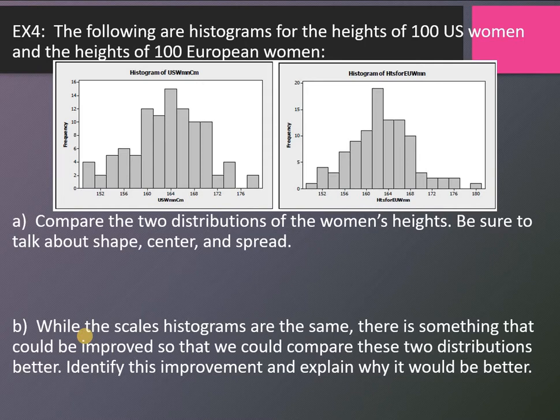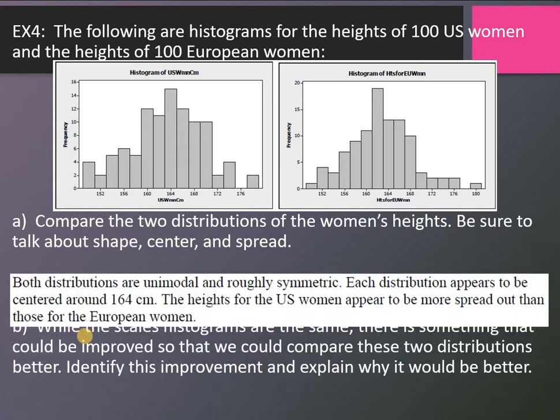Spread. What would you say for the spread? Are they the same? No? Who's bigger? The US has a bigger spread or the Europeans? So this goes from 152, we're counting by the same stuff, but this one goes up to 180.